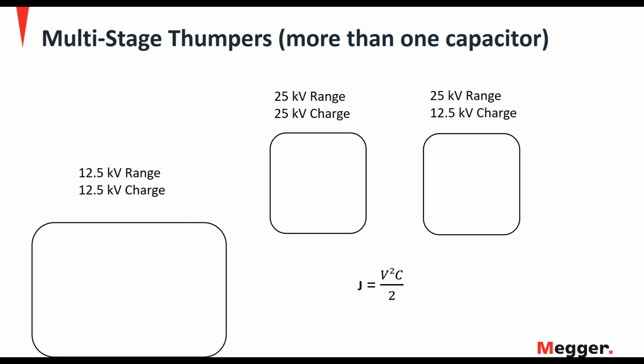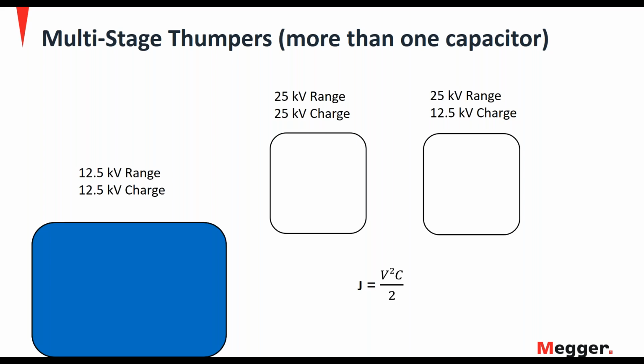Here we have represented the voltage ranges of the Smart Thump 25. If we look on the left side of the screen, we have a 12.5 kV range, and that's associated with a large capacitor. If we charge that large capacitor to the maximum of that range, 12.5 kV, it will produce 1600 joules of energy or noise.